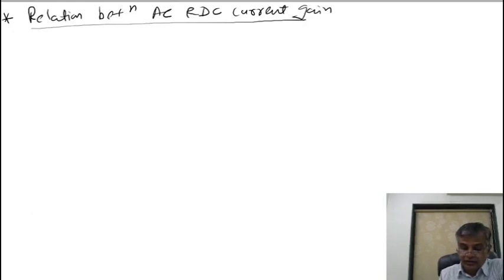Now I am showing you what the relation is between these two. I am showing you the graph based on experiment.